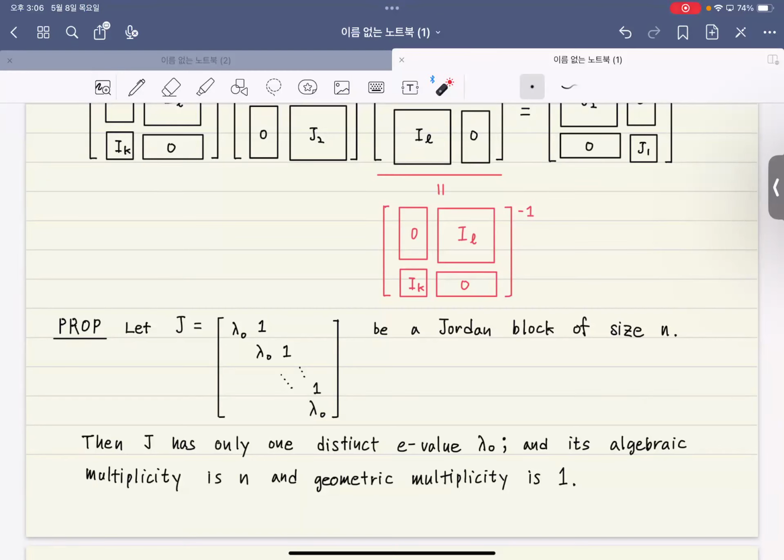What do you think its algebraic multiplicity is? It is n, because its characteristic polynomial is precisely (lambda 0 minus lambda) raised to the power of n. So it has only one eigenvalue lambda 0, and its algebraic multiplicity is n. But the interesting thing is that its geometric multiplicity is exactly 1, the least possible geometric multiplicity.